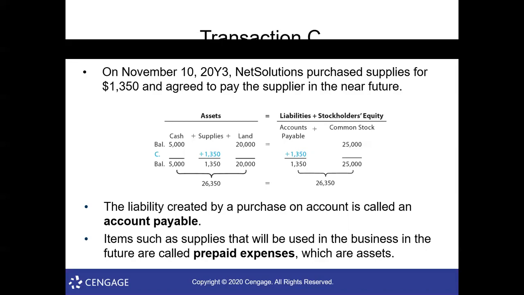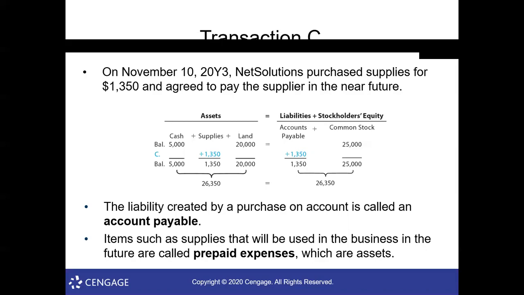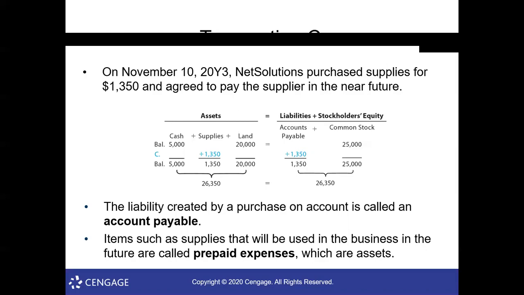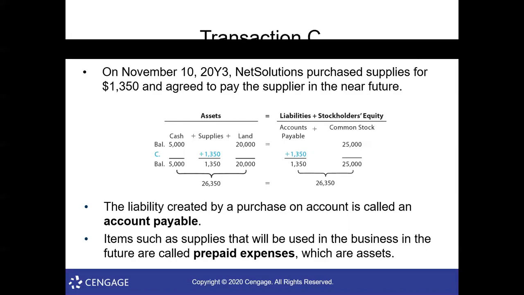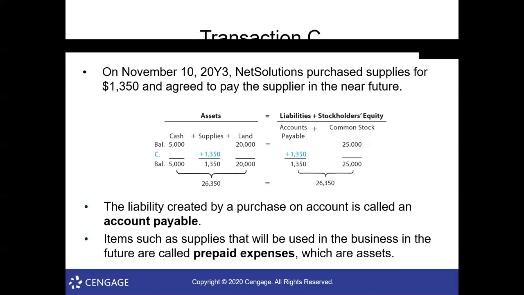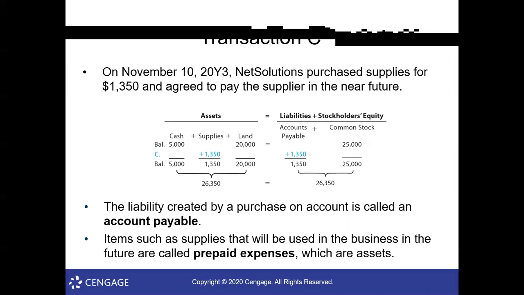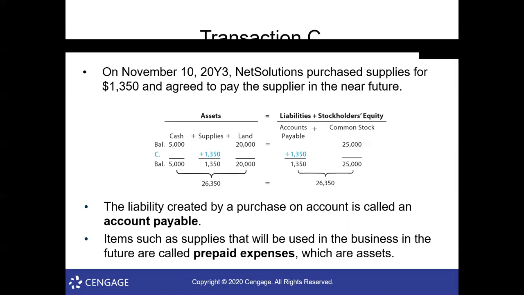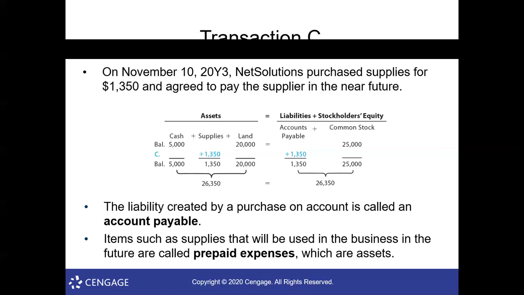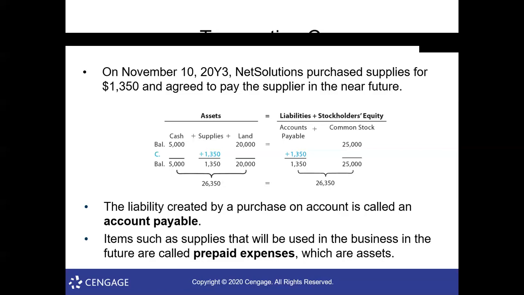So our right side of the equation now totals the liability at $1,350 plus the $25,000 in common stock for a total of $26,350. We have $5,000 in cash. We have this new account called supplies at $1,350, and then the $20,000 in land. The equation still equals.